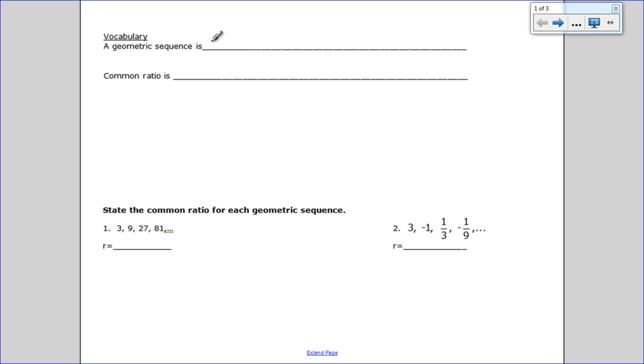So a geometric sequence is a sequence where you multiply by the same number to get from one term to the next.